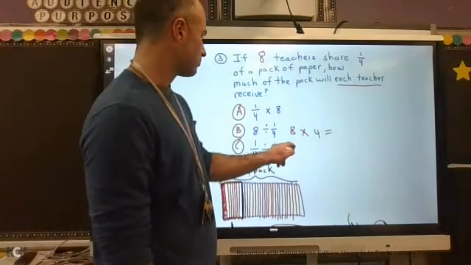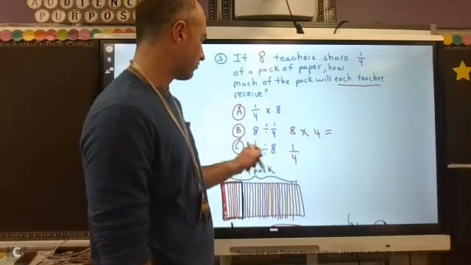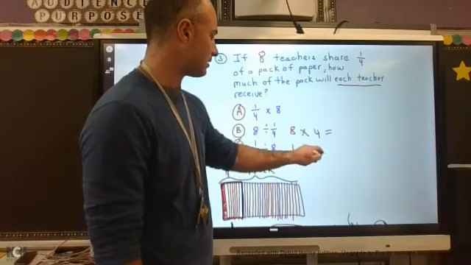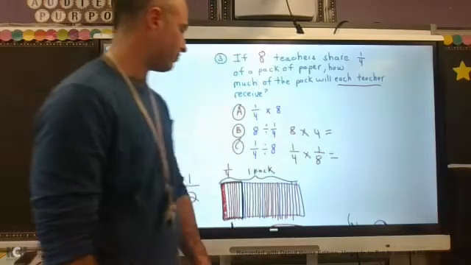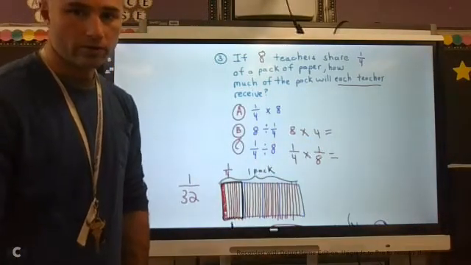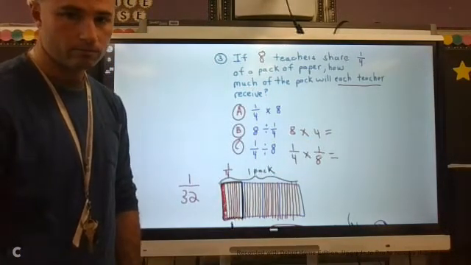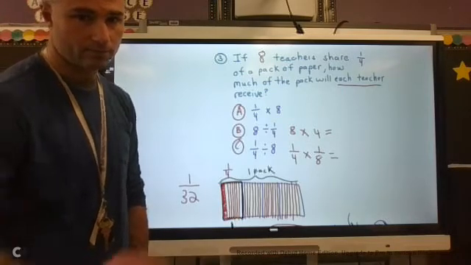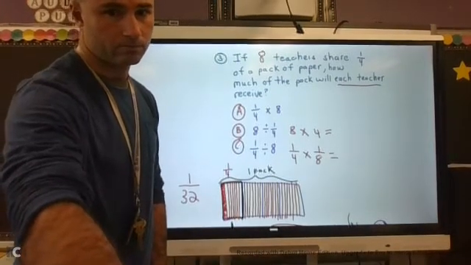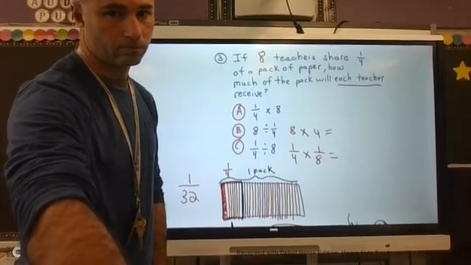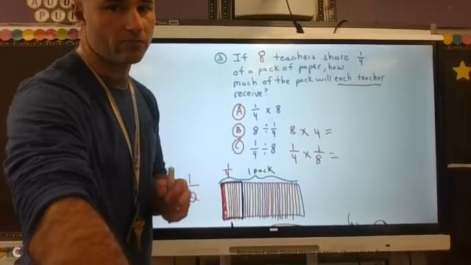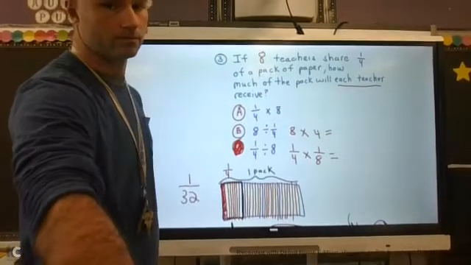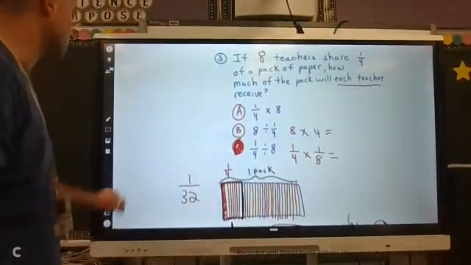Or is it 1/4 divided by 8, keep the 1/4, change the multiplication, flip to 1/8? Is that going to give me 1/32? Okay? Select your answer now. Okay, so hopefully you figured out the answer here is C. Let's move on to the next question.